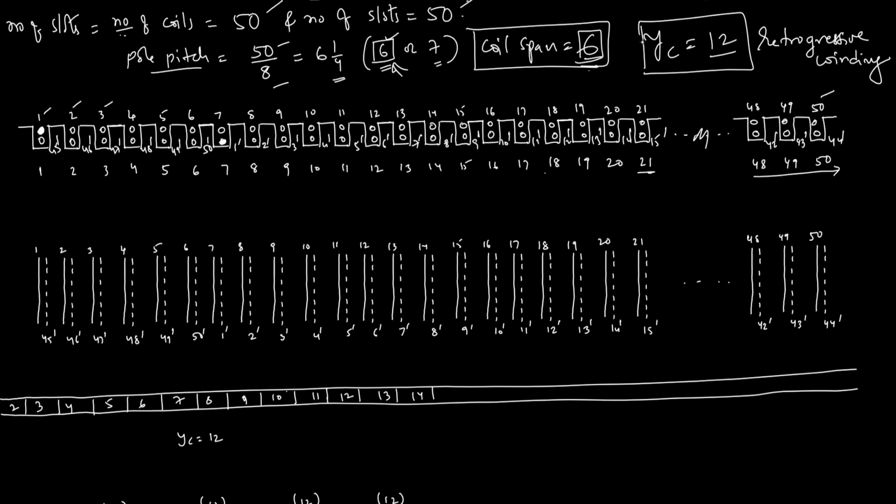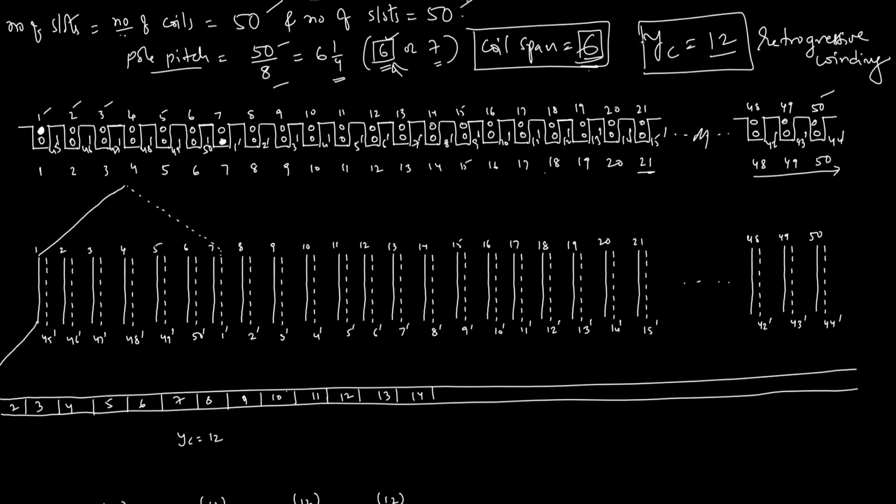Right. So 1 is starting from commutator segment 1, it is coming from one segment. I have started here, 2. So it is coming from 1, then it is joining to 1 dash. 1 dash is somewhere here. So this is 1 dash.